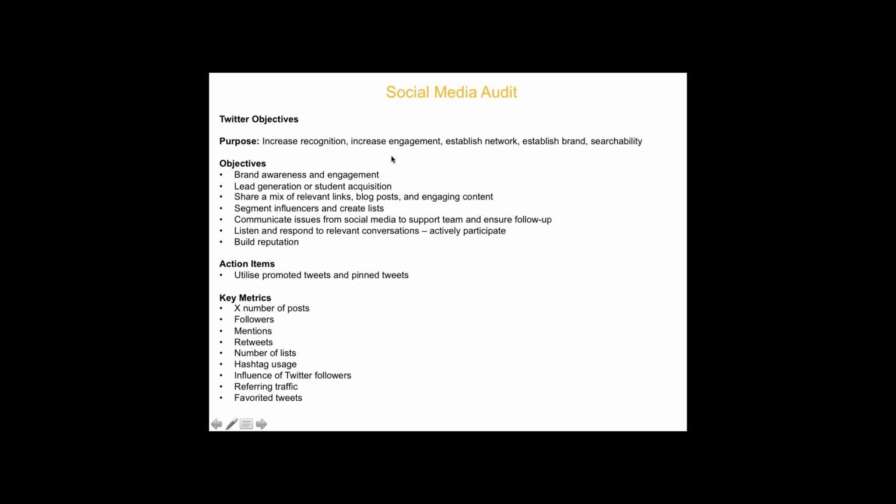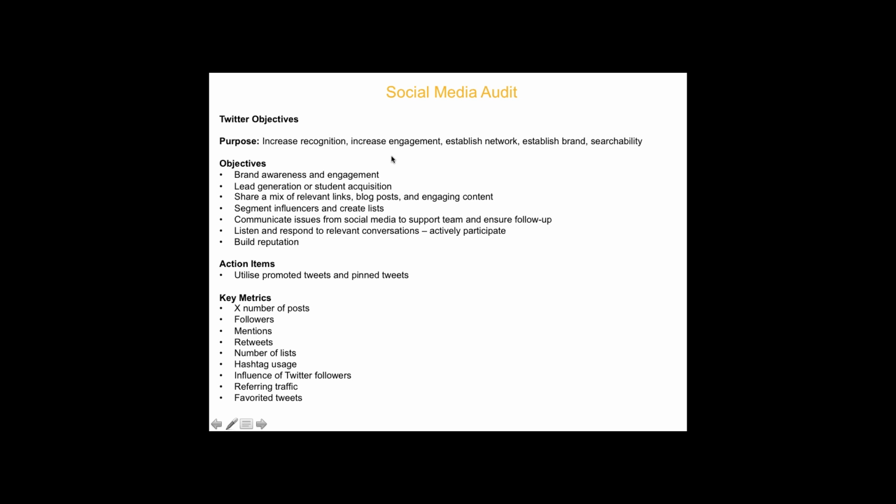Your objectives could be to build brand awareness and engagement, for lead generation or even student acquisition, because here we think of Twitter being a more youth area where younger people are active. It's just an example, not only youth are on Twitter.